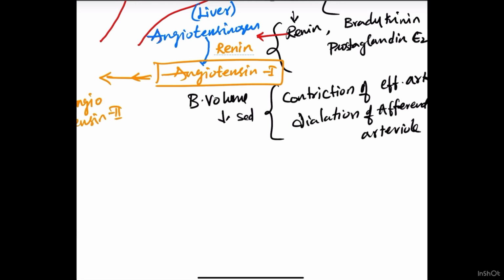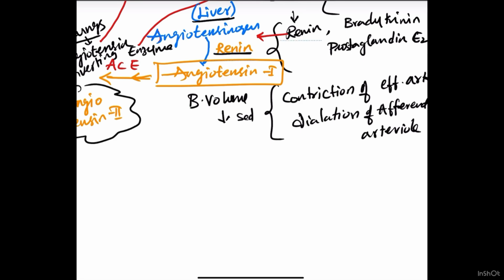This is done by ACE, the angiotensin converting enzyme, which is given by the lungs. You see here, angiotensinogen comes from the liver, renin comes from the kidney, and from the lungs this ACE will come. So ultimately we got angiotensin 2.